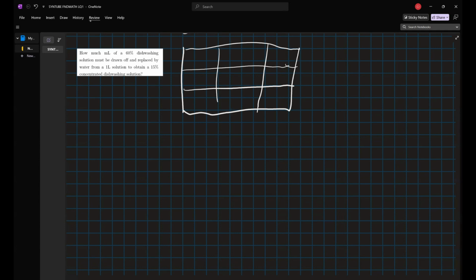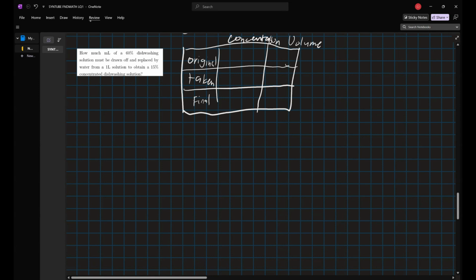We want here the original, the amount that must be taken, and the final solution, final volume rather. So for concentration and volume, apologies for that.